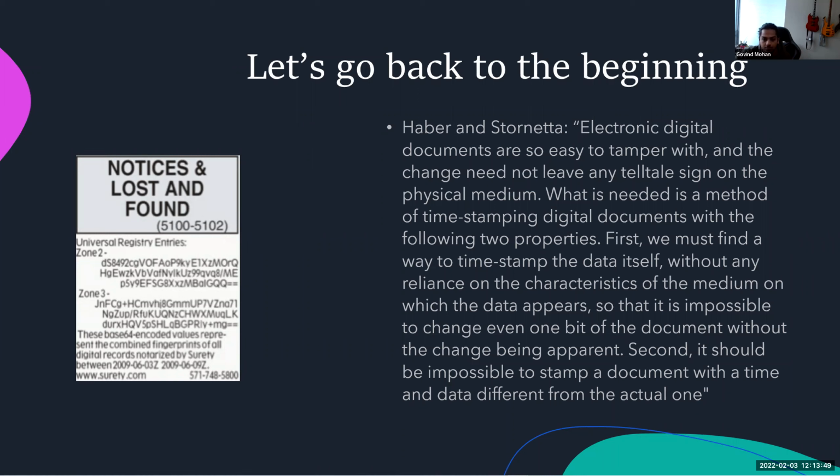But at the end of the day, if someone's really, really skilled at copying a signature, they can get away with it. So they wanted to find a way to timestamp the data itself without any reliance on the characteristics of the medium on which the data appears. So even if you change one bit of the document, it's going to be completely apparent. It's going to change the entire thing. So that's where this hash comes in. And it should be impossible to stamp a document with a time and date different from the actual one.